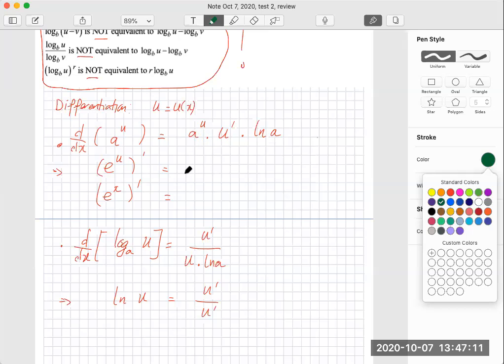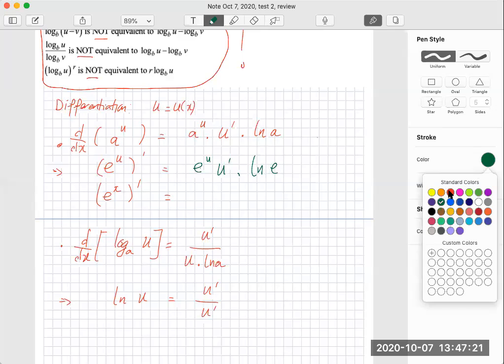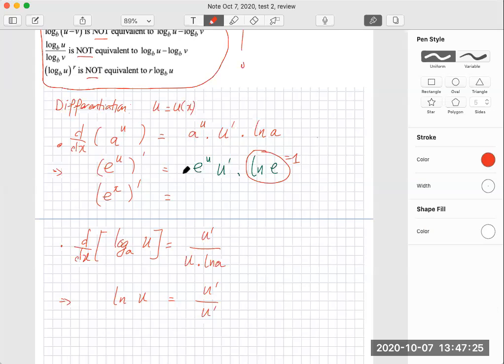From this formula, natural log of e, which is 1, right? That is why the derivative of e to the u will be e to the u times u prime, okay? And e to the x is a specific case.